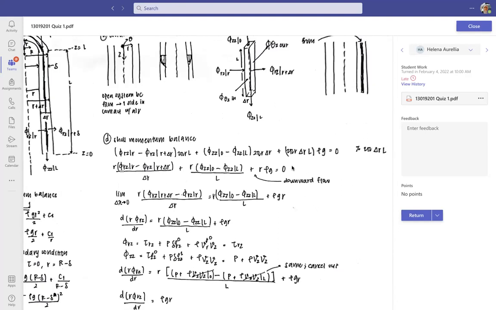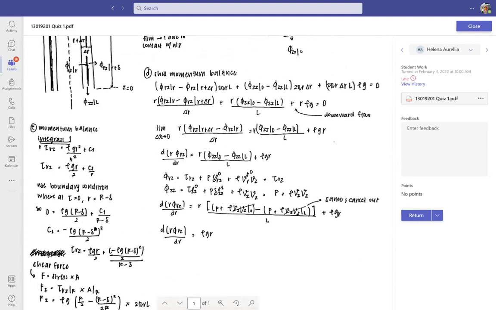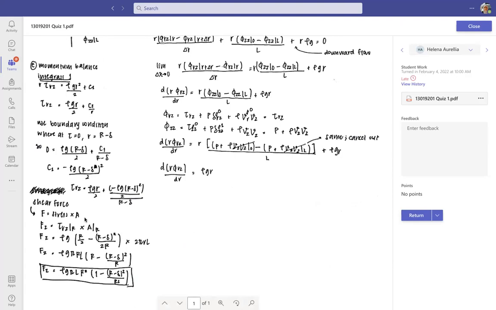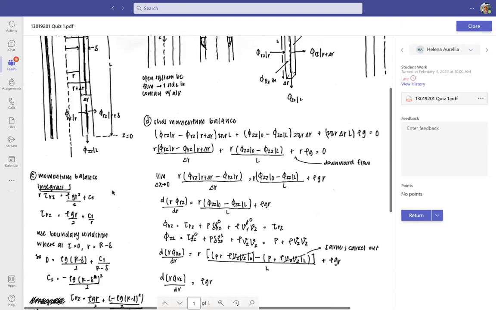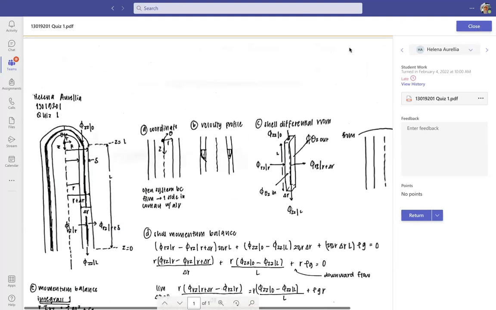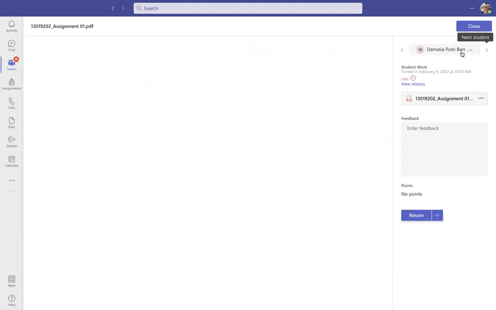So this should be divided, oh yeah, this one. Yeah, divided by 2 pi r L. Oh yeah, okay. You get it right. TC1 and R looks right. Yeah, I think this looks right. Okay, I think that's good as well. Then Sodama, let me check.